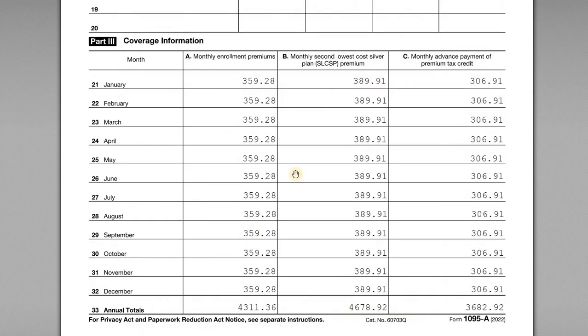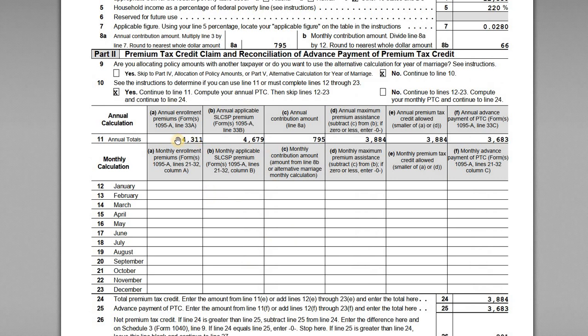If you're looking at your 1095A and you see the amounts change throughout the year, or let's say you didn't enroll until April, so you're missing January, February, March, then you have to individually enter each month into the 8962. You can't just enter the totals up here.